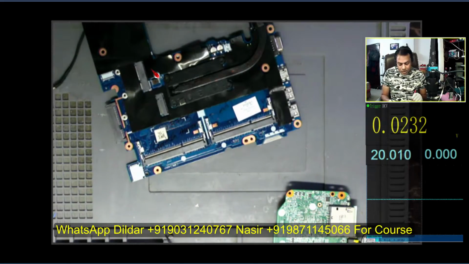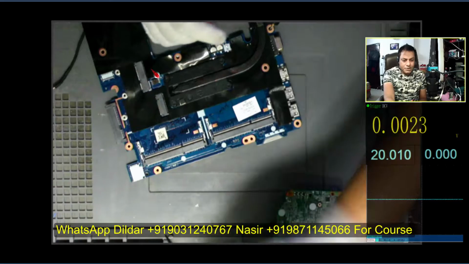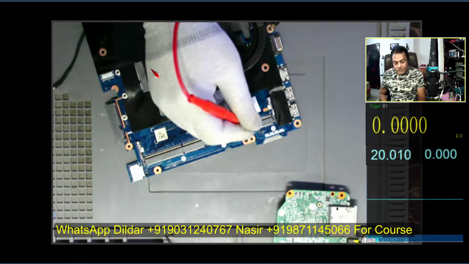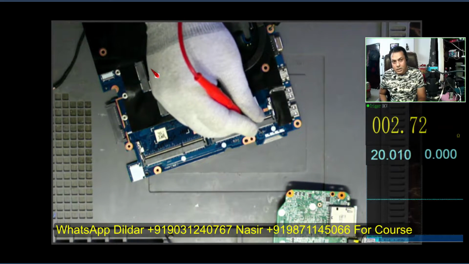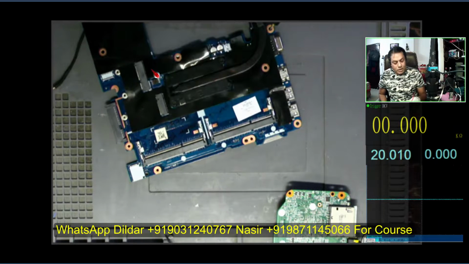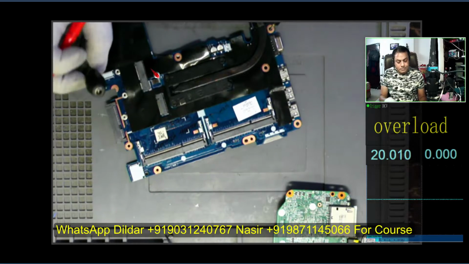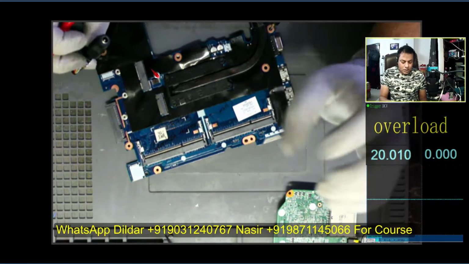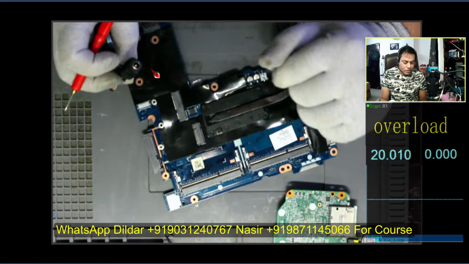So let's find out what the condition of your RTC VCC is. It is merely 2.75 ohm. So that is why the DC jack light goes on and off.